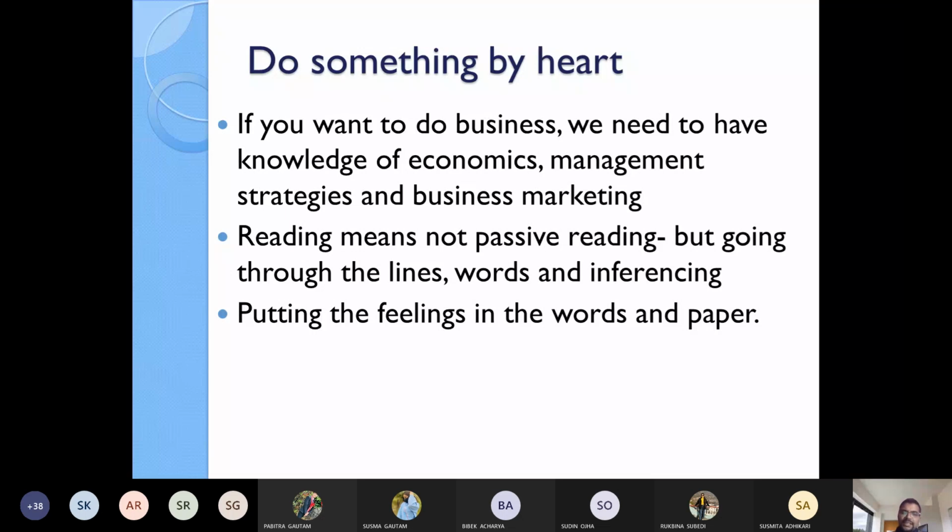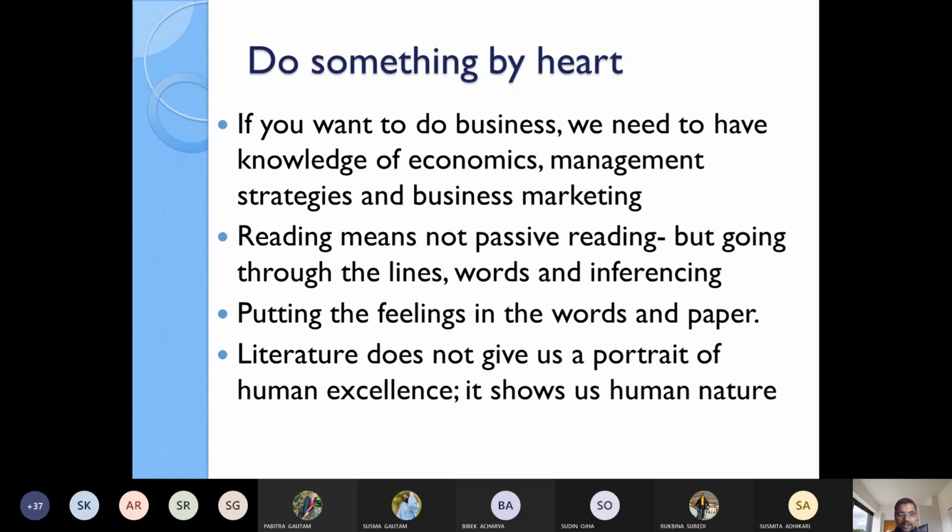Putting the feelings into words on paper is writing. I just wanted to tell you, when you read some novels, it makes you cry, because reading does not mean only reading the letters. When you read, your emotions, your feelings are attached to it.